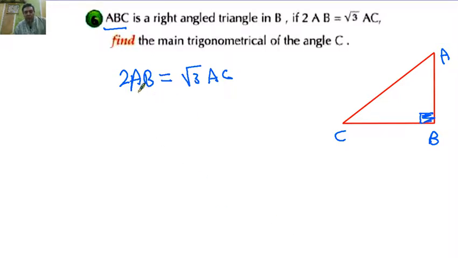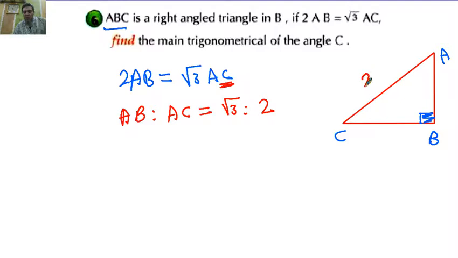The ratio between AB to AC equals square root 3 to 2. AC is the hypotenuse, the longest.